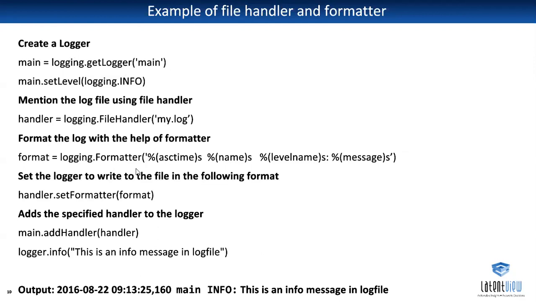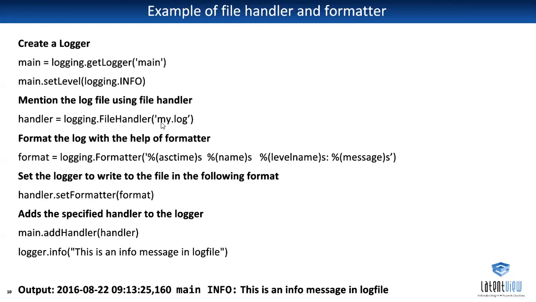With the help of a formatter, whatever we want with the log message, such as the time, name, and log level, we can format it, set the formatter to this file, and then with the help of the handler, send that message to this particular file.